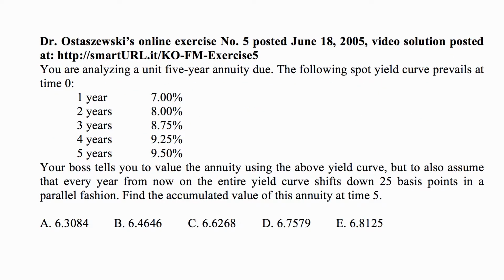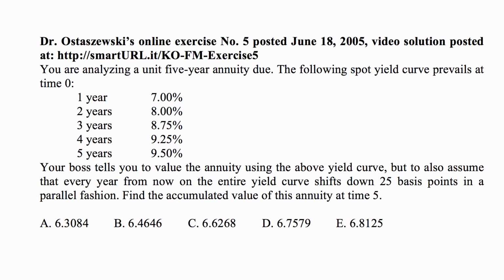I just want to quickly remind you what the problem was. You see the 5-year spot rate at time 0 is 9.5%. The 4-year spot rate is 9.25%, and in 1 year it will shift down by 25 basis points, or 0.25%, so it'll be 9%.